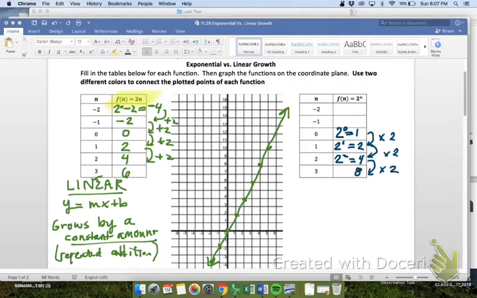Now, to go backwards and find what's going on when n is negative 1 and negative 2, I could go backwards by doing repeated division. At negative 1, I would have 1/2, because I'd do 1 divided by 2. And at negative 2, I'd have 1/4, because 1/2 divided by 2 is 1/4. So this is exponential.